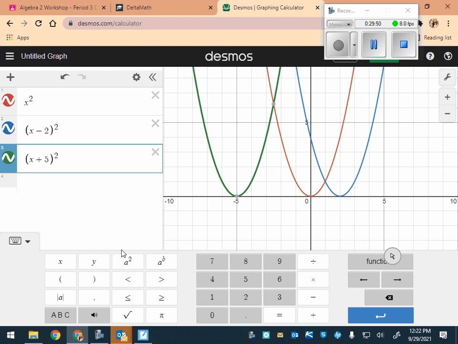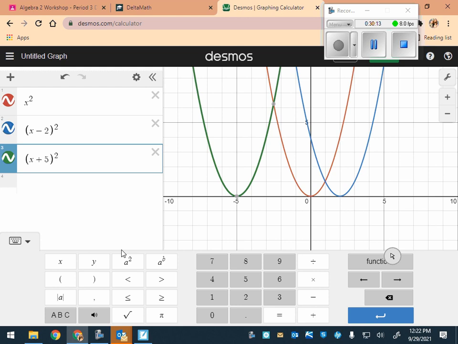Which sounds weird, right? Okay. So excellent observation. All right. So if I had x minus h squared, that said it was moving to the right. Okay? If I have x plus h squared, that's moving to the left.